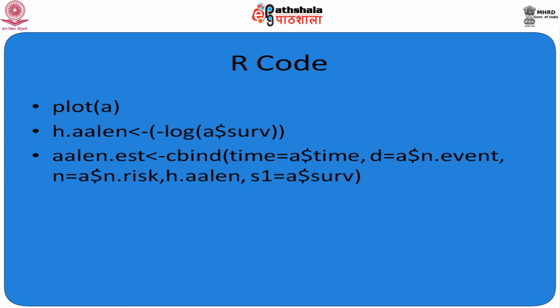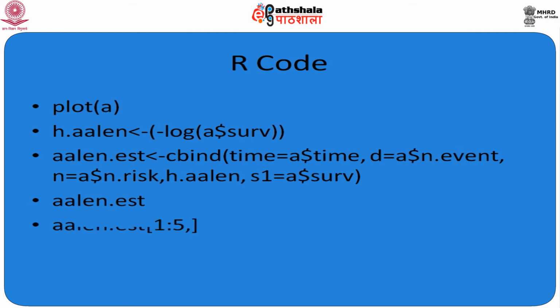Again, we are assigning Aalen dot est as cbind of time, that is the time value given at A, d equals the number of deaths or events observed in A, and number at risk, n equals n dot risk, and h dot Aalen, which we already assigned as minus log of A surv, and S1 given as surv of these functions.